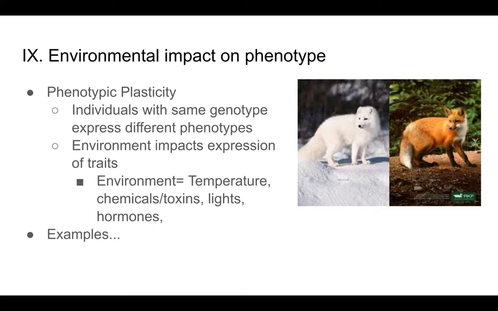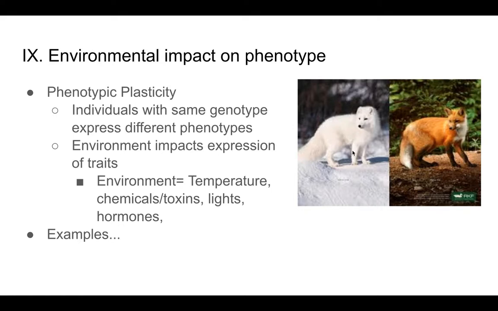This particular example on the screen is the result of something called seasonal melanin. And so melanin is producing the pigment in the fox's coat. And as the temperature changes in the environment, the melanin production either increases when it's warm and gives this sort of reddish brown color, or decreases when it's cold and produces this white color.